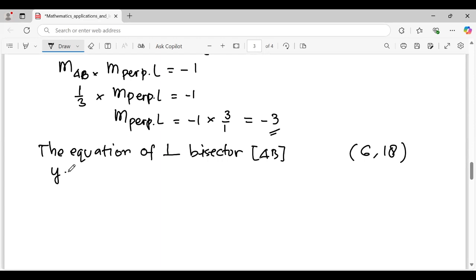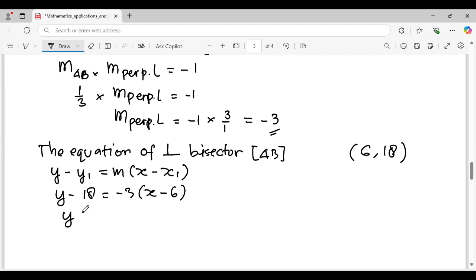The linear equation: y minus y1 equals m times x minus x1. y minus 18 equals minus 3, x minus 6. y equals minus 3x plus 18 plus 18. y equals minus 3x plus 36.